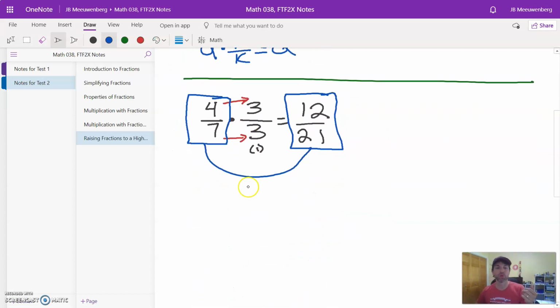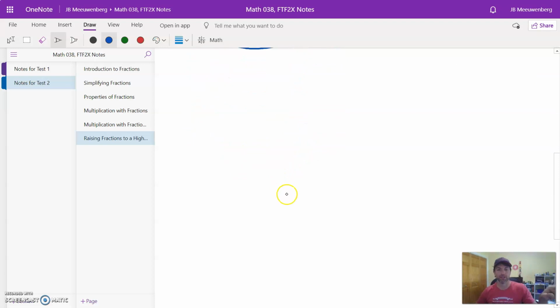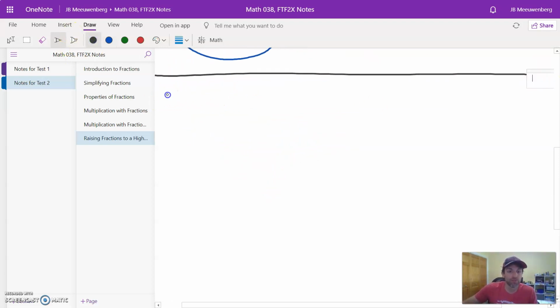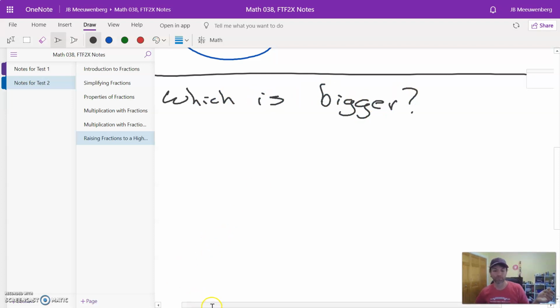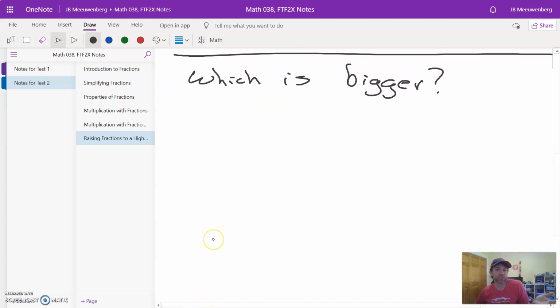And a lot of the times we want to look at a fraction using different numbers. We want to look at the same comparison, but with different numbers doing the comparison. So here's an example of a question that might be useful for. Which is bigger? Sometimes you want to know which number is bigger, right? There was a quiz.